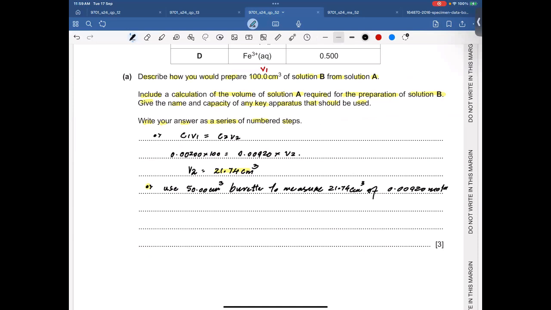Mole per dm cube is also called molar. Transfer it into a 100 cm cube volumetric flask.